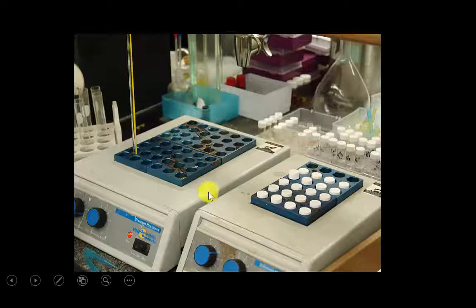This type of heating block is usually used in biology for heating up buffers or enzyme reaction mixtures, but it can be used for chemical reactions too. You can put your reaction vessels in this heating mantle, and then 24 or 48 or 96 reactions can be done very quickly.